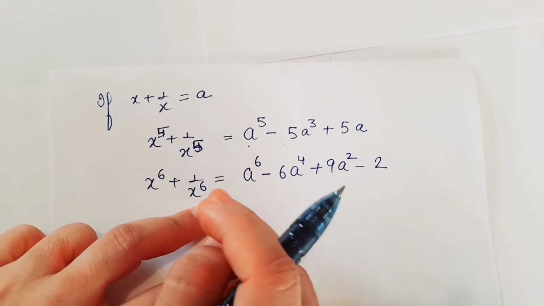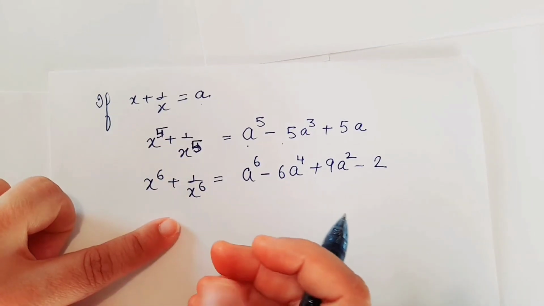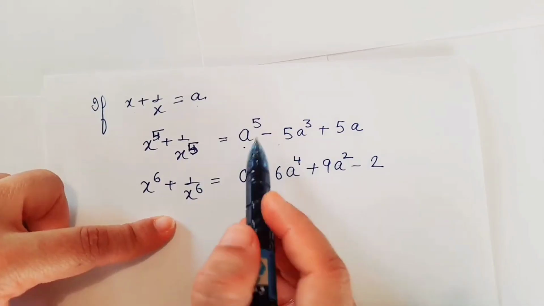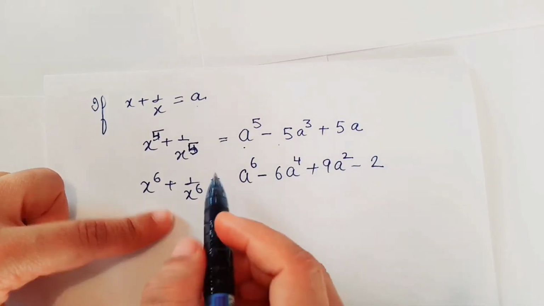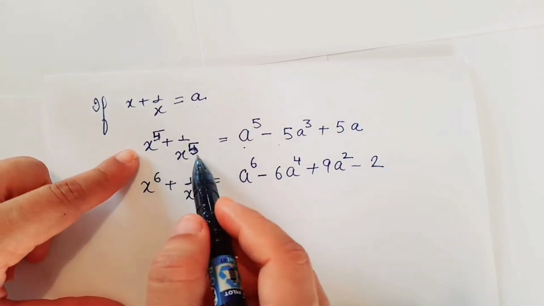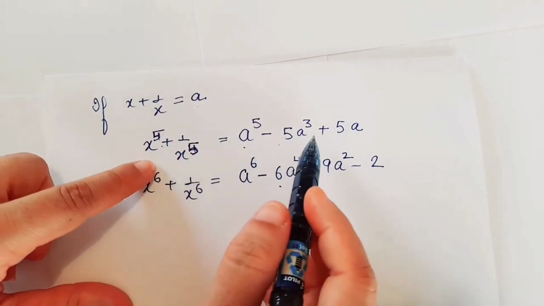In one of my previous videos, I told you about these formulas and how to learn them. You just need to reduce the power by 2. If we have 6, then 6 will be here; if we have 5, then 5 will be here.